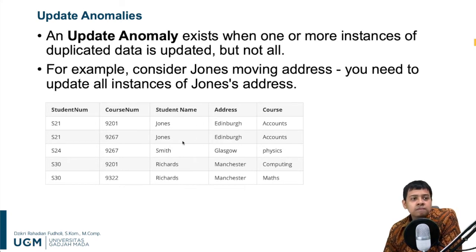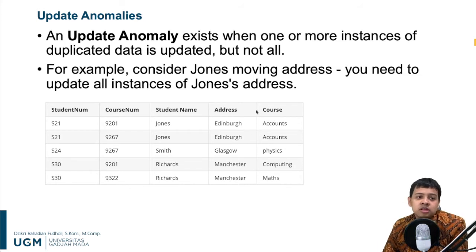We have two. If we just update one, then there will be some update anomaly. For example, John's address here is in Edinburgh, and then he moved to London. If we update only one, then there will be the update anomalies.